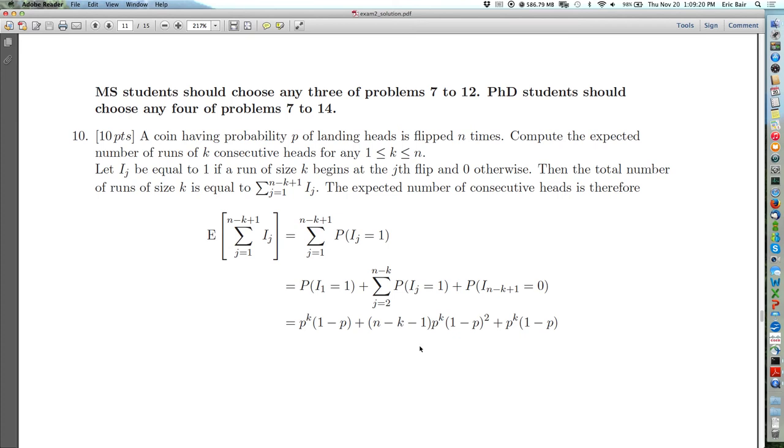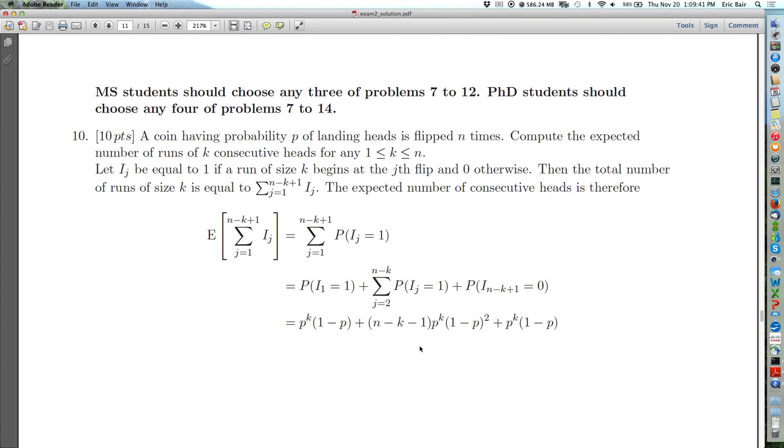k minus 1. But basically, the trick here is that you split it up into a bunch of random variables I_j, where I_j is an indicator for did a run of k consecutive heads begin at flip j.